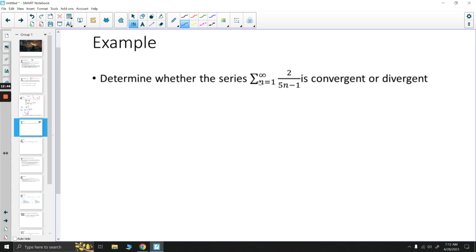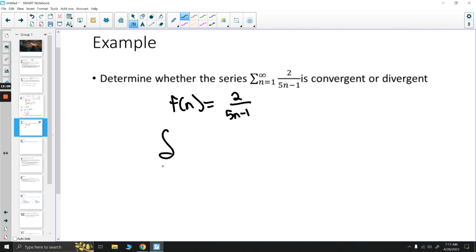So, anyway. Okay, determine whether this series is convergent or divergent. We have this series from 1 to infinity of 2 over 5n minus 1. I recognize that this is linear, so integrating this isn't going to be too bad. So if we look at our f of n, first of all, f of n is a sub n, which is 2 over 5n minus 1.